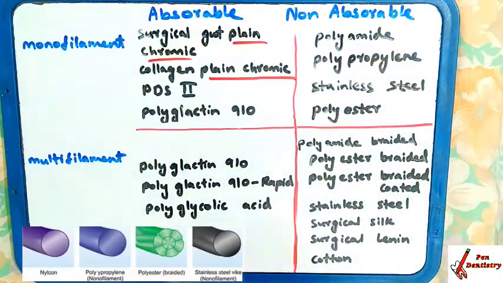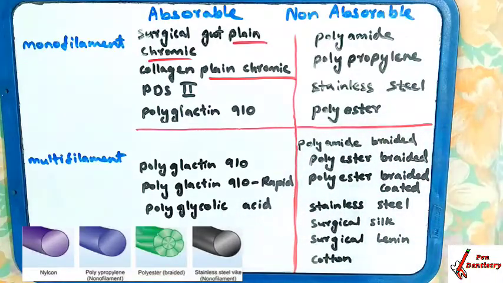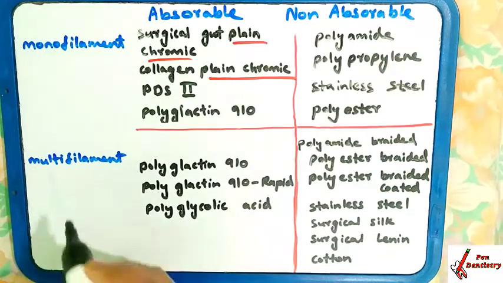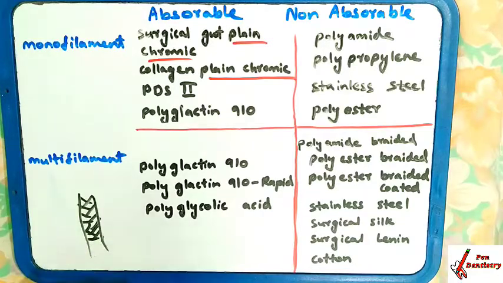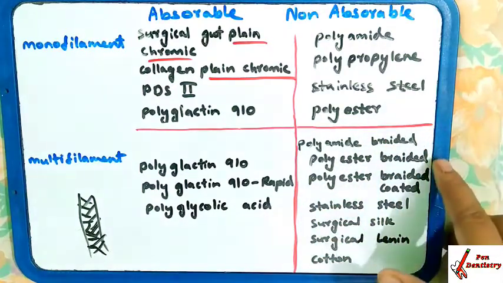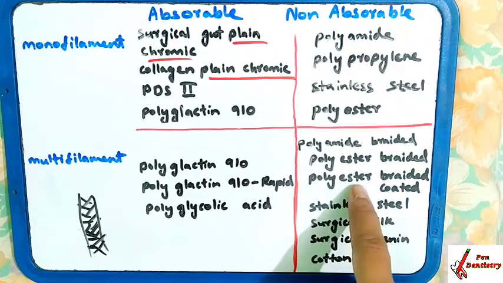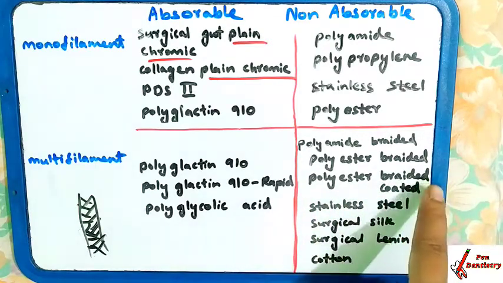Now polyamide is repeated in the multifilament, in the braided form. Braided means the braid which you make like this. Polyester is again present in the braided form, and also in the coated form, braided as well as coated.